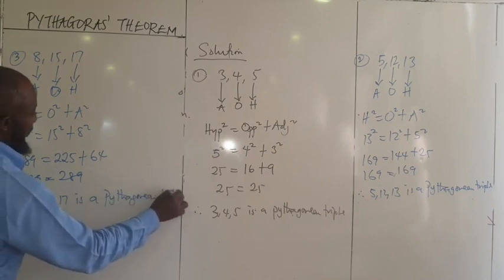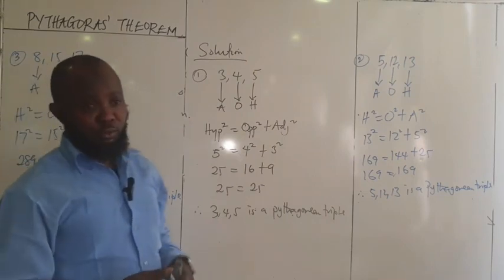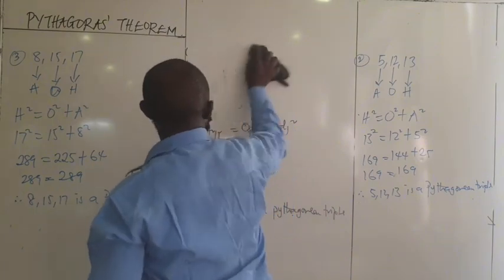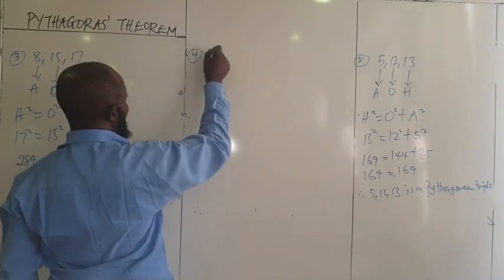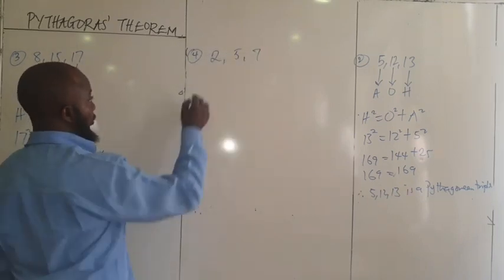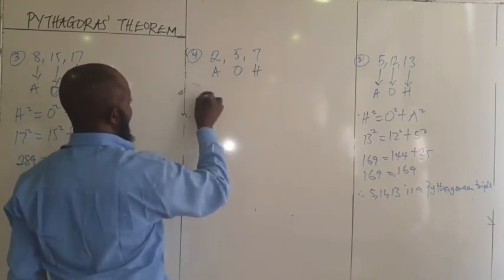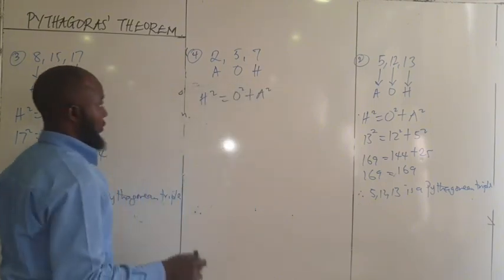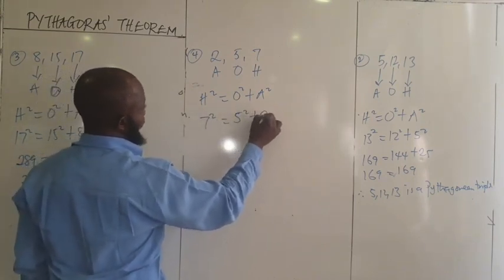So if this is not equal to this, then the set of numbers is not a Pythagorean triple. Let's have one more, the one that will not be a Pythagorean triple. Let's have the fourth one, 2, 5, 7, and see if they are going to be equal. This is going to be hypotenuse, opposite, adjacent. That is hypotenuse squared equals opposite squared plus adjacent squared. So that is 7 squared equals 5 squared plus 2 squared.